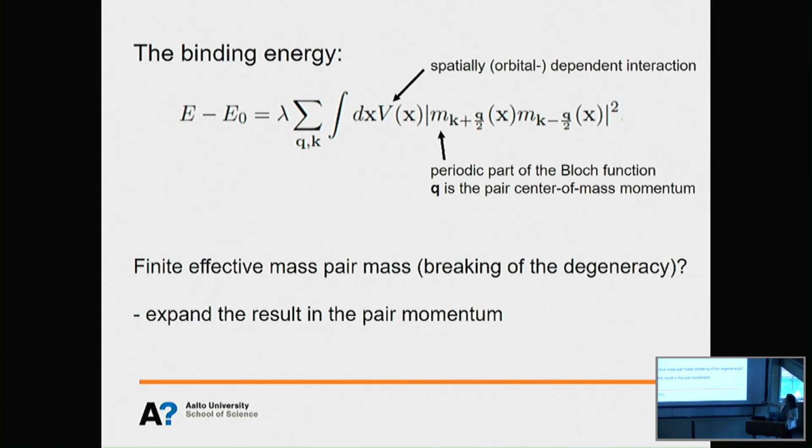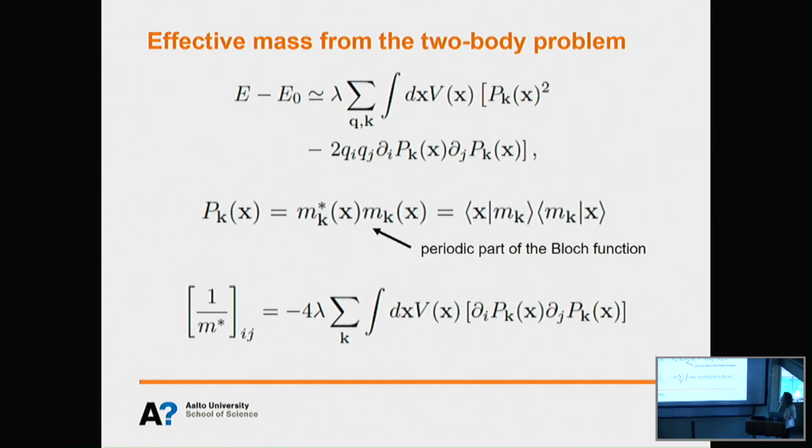And now we can see about this pair dispersion, the finite effective mass, by looking at this thing. So obviously there has to be some non-trivial dependence on Q. Q is the pair momentum in order to have this dispersion. So we expand this for a small Q, and the result looks like this.